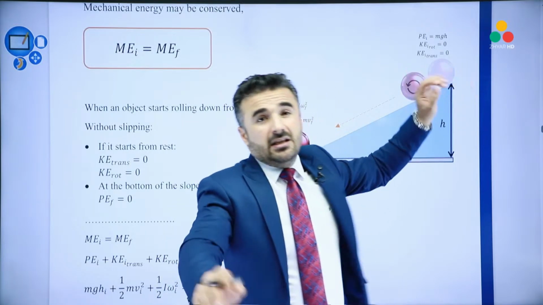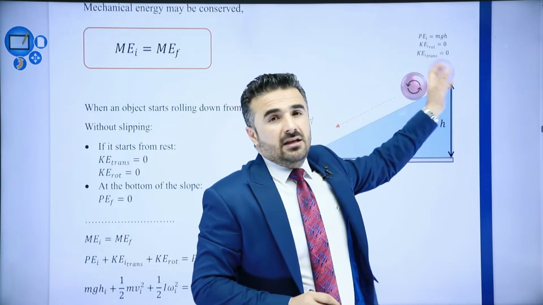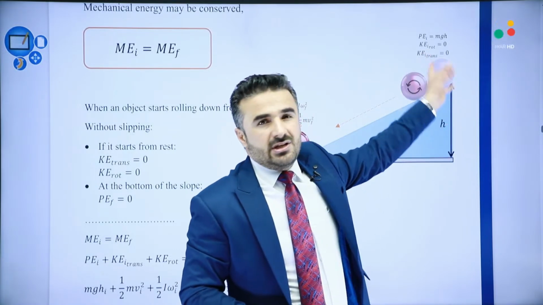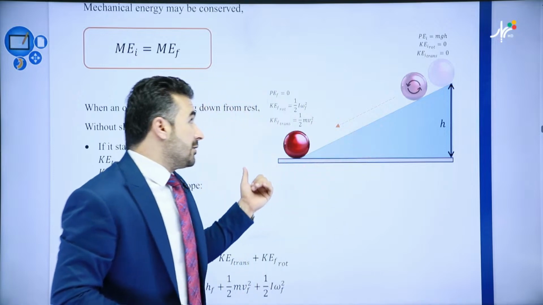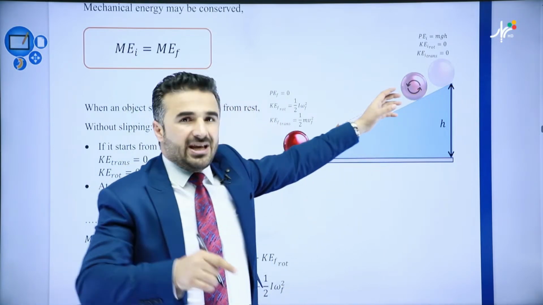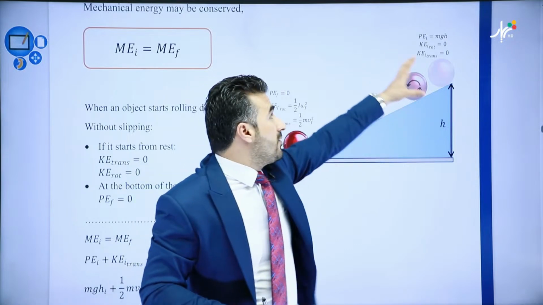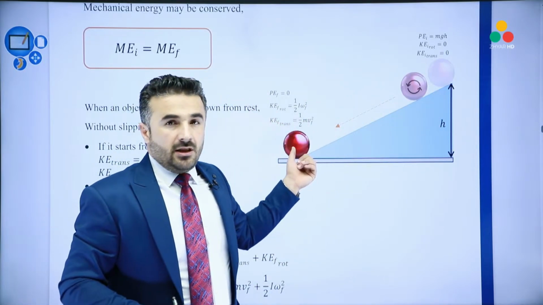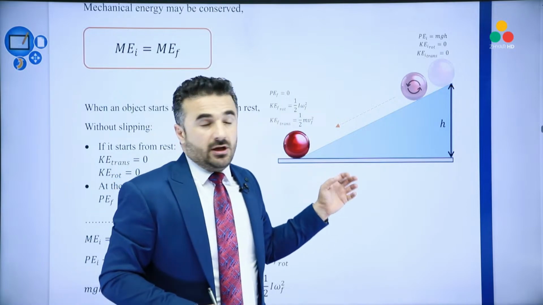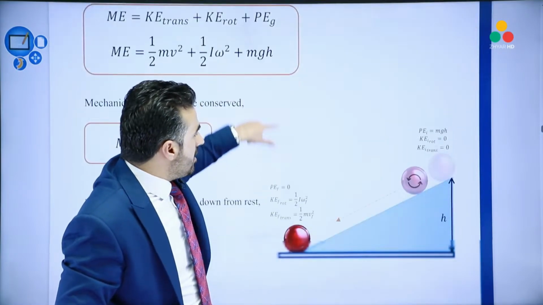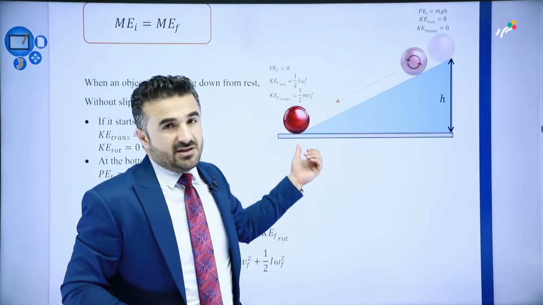In short, at the top, if the object is at rest, we only have potential energy. At the bottom, if the total mechanical energy is conserved, all this potential energy converts to translational and rotational kinetic energy, and the potential energy at the bottom is 0, because the height of the object at the bottom is 0.